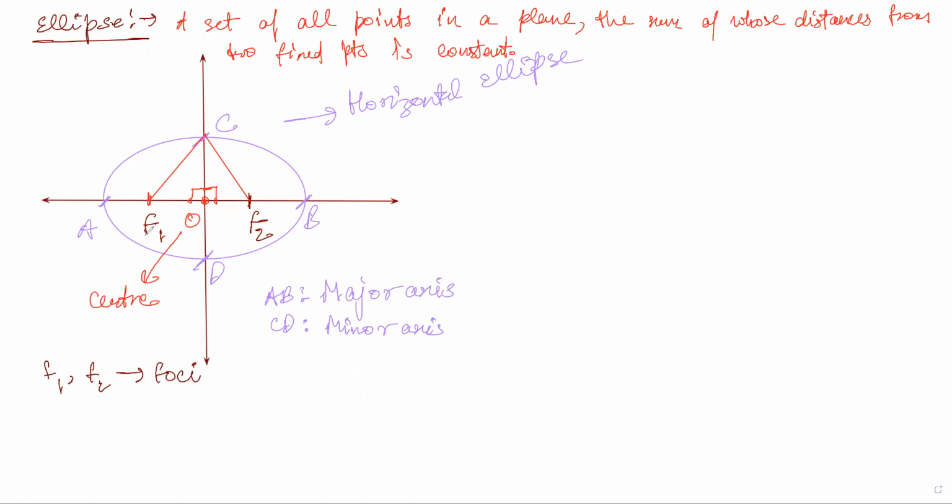So one thing is that we can say that CF2 and CF1 are both equal. Similarly also we can say, or by congruency also see using argument.